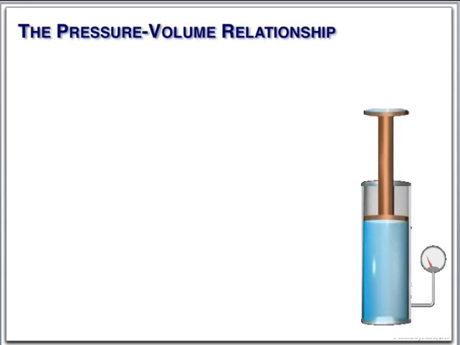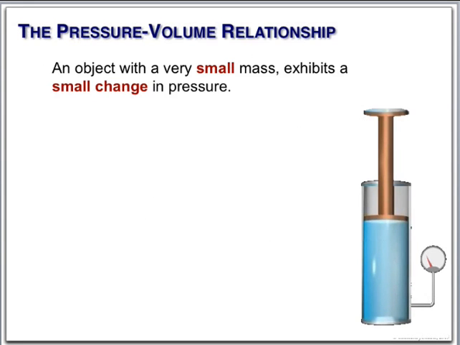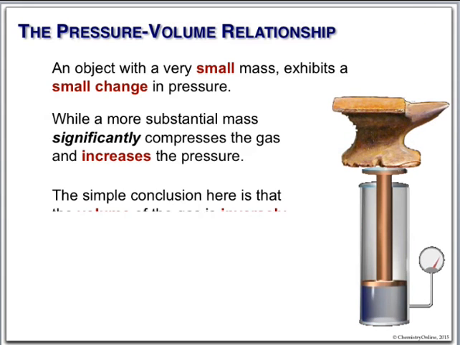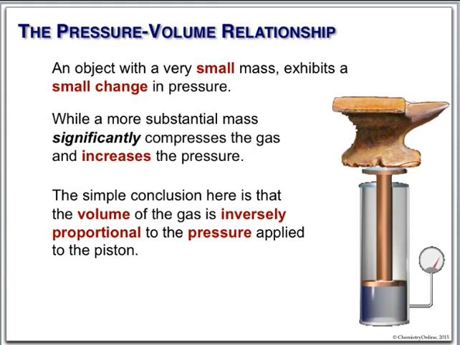What you should remember, of course, here's our sealed cylinder. There's our plunger. We have no weight or a small weight, no change in pressure, but something big on it, lots of pressure. We've increased the pressure and the volume has decreased.